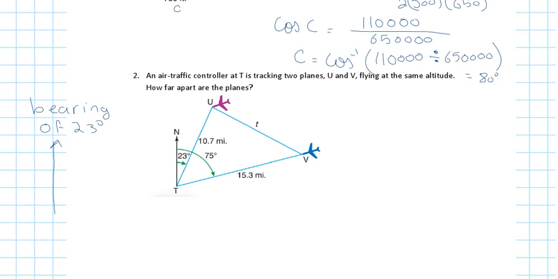From the north, you're going to measure 23 degrees clockwise. Okay, so a bearing measurement is measured from the north line clockwise to your terminal arc.